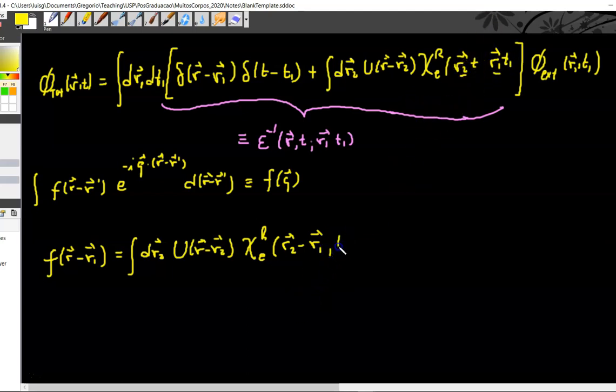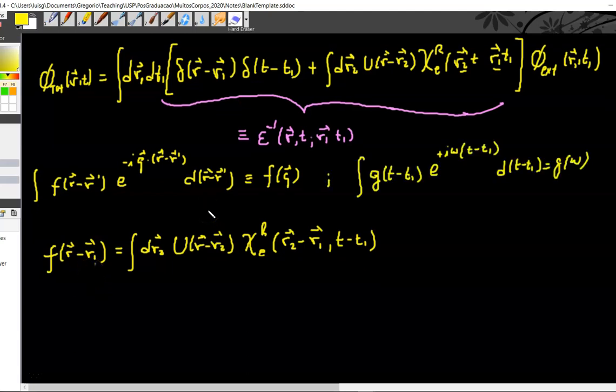t1 and t minus t1, and that's the function. Oops. So let's now do the Fourier transform of this. One thing that we can try to do is write this as the inverse Fourier transform of this guy. So let's try to do that.